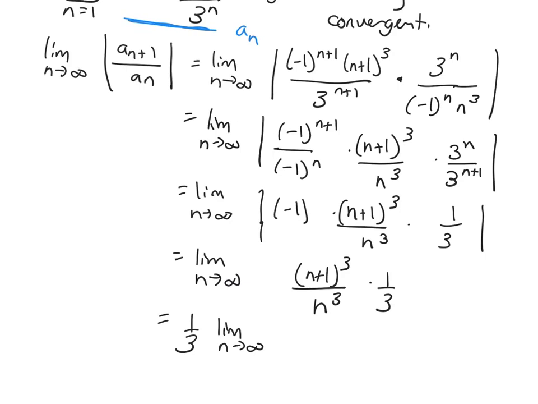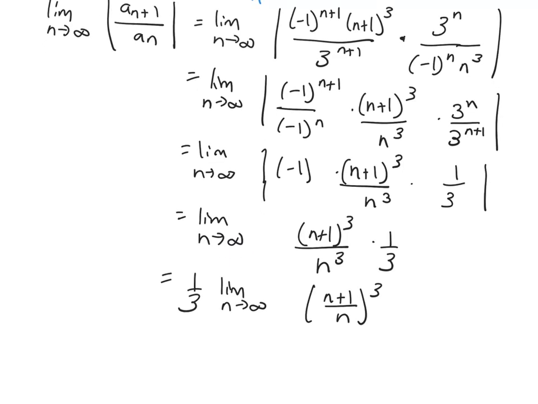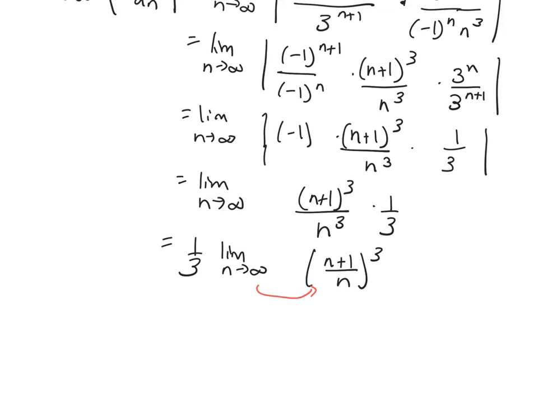And then these are both cubed, so I can combine them into the same fraction. My exponent is constant, so this limit is going to skip over to the inside. n plus 1 over n cubed.